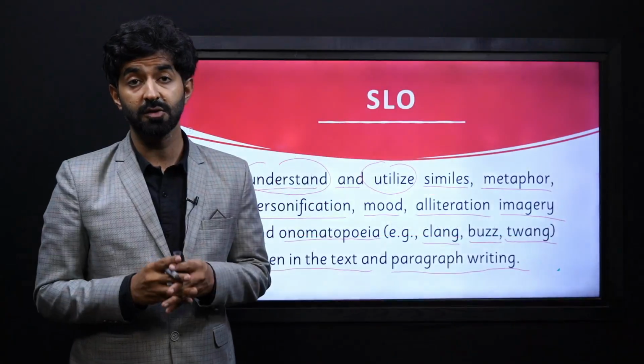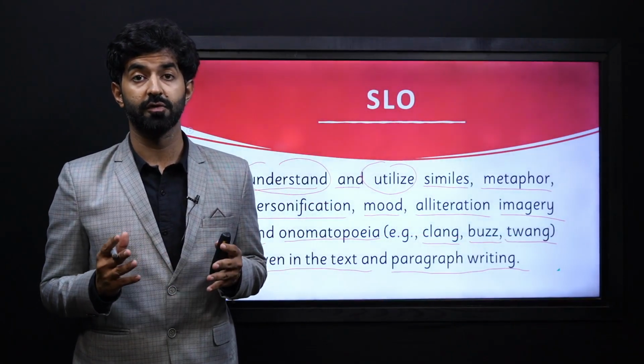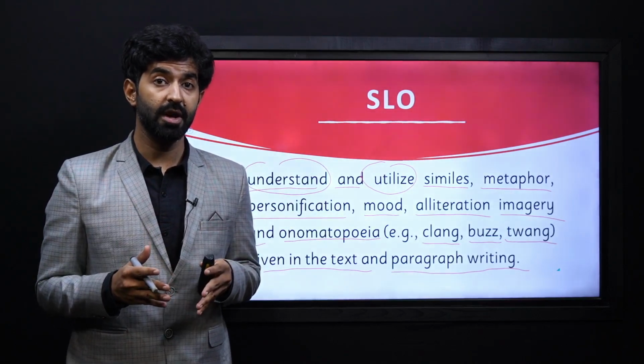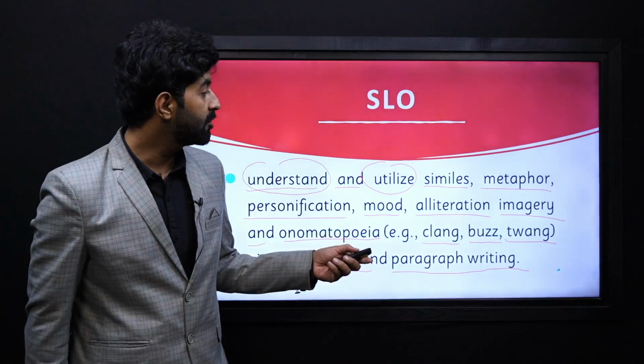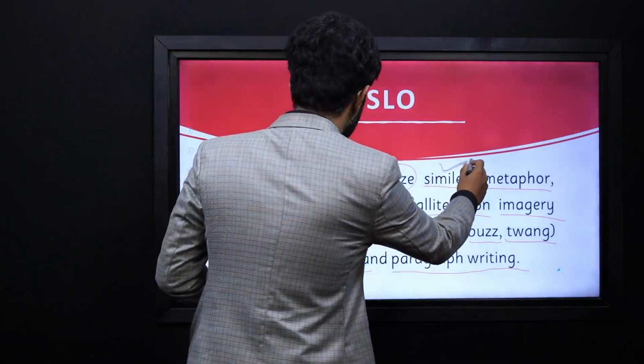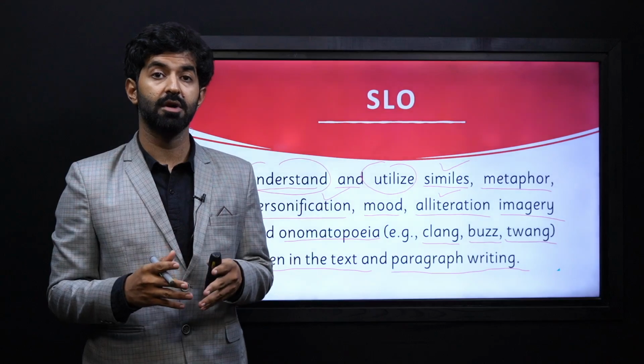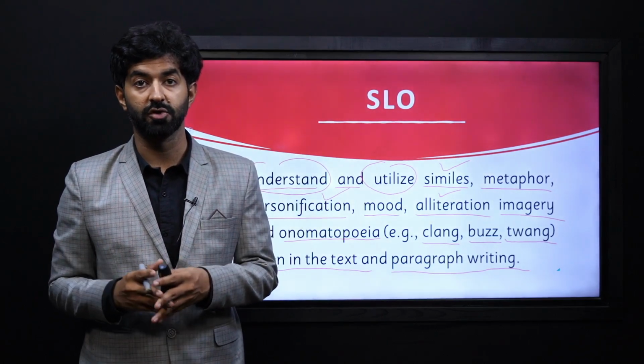My dear learners, this SLO is about figures of speech, and in this video lesson, we are only going to deal with similes, personification, and alliteration. The remaining figures of speech will be covered later in other lectures.